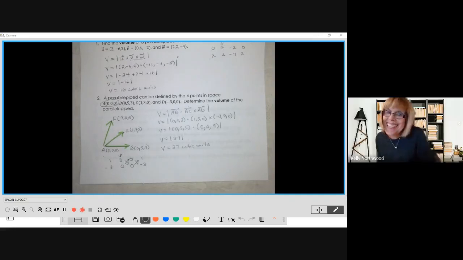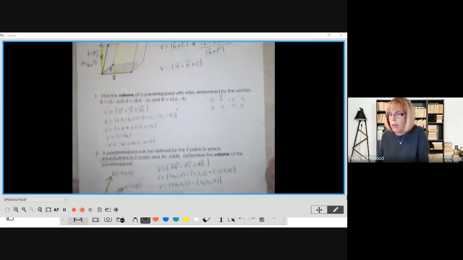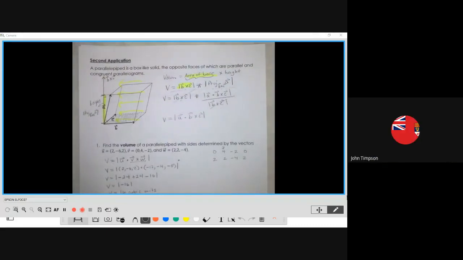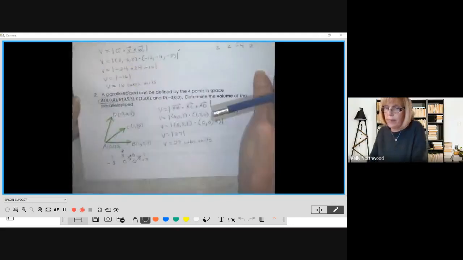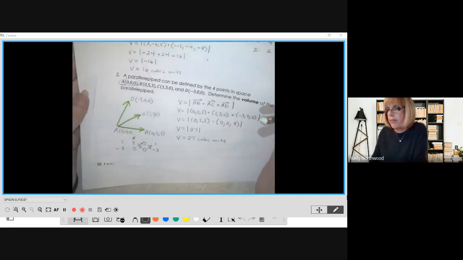Because you're actually going to find the volume of a tetrahedron, and that's a sixth the volume of the parallelepiped with the same basis vectors. I give you that formula in the practice, and I've got a little diagram there that shows how it fits in.